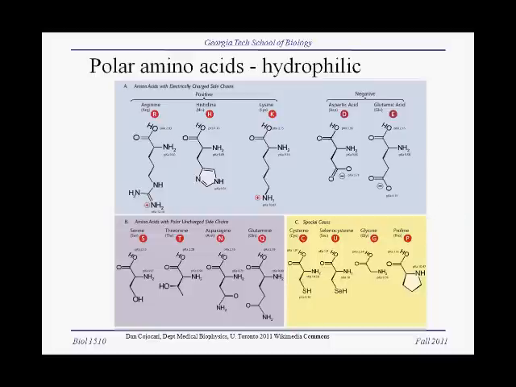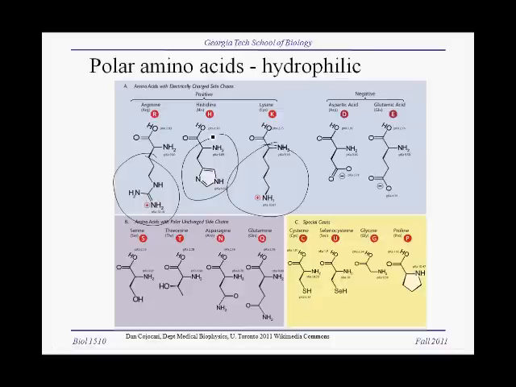In contrast, we have a second group of amino acids that are hydrophilic, loving water. And they're hydrophilic because their side chains either contain charge, okay, and histidine contains a partial charge at neutral pH.